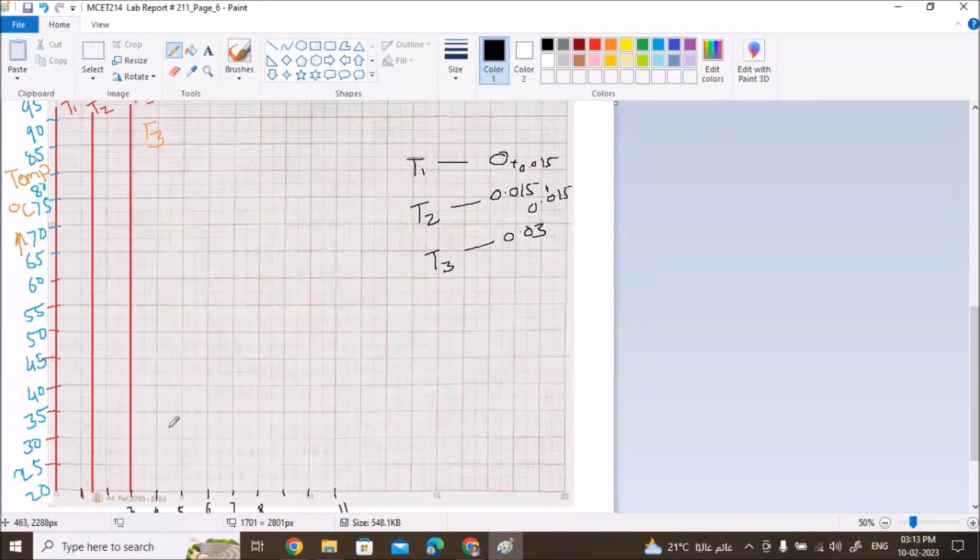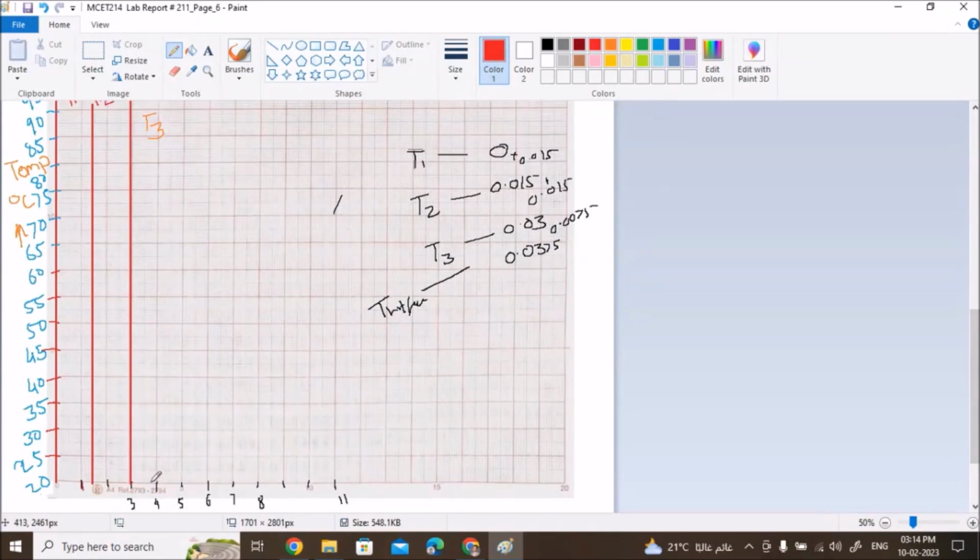Now there is the T hot face at a distance of 0.0075, so the addition gives 0.0375. So here I need to choose 3.75.